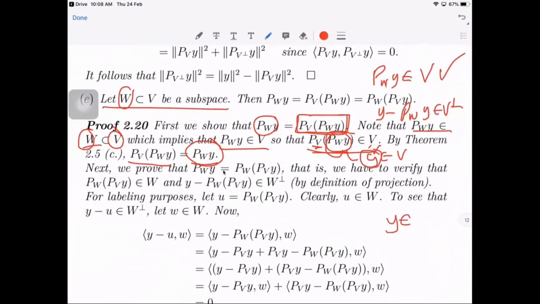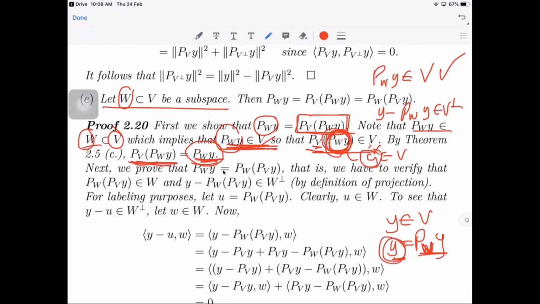If Y is in V, then Y is actually equal to the projection of Y onto V. So the projection is in V, which is Y. So, the projection of Y onto W is just equal to the projection.